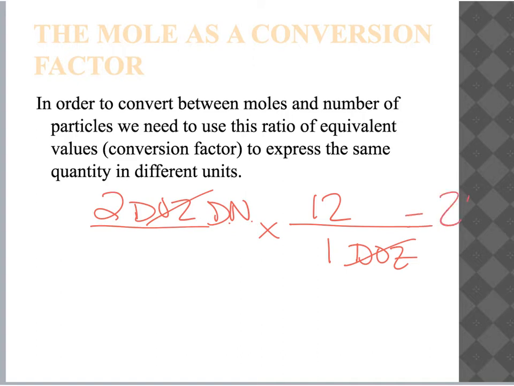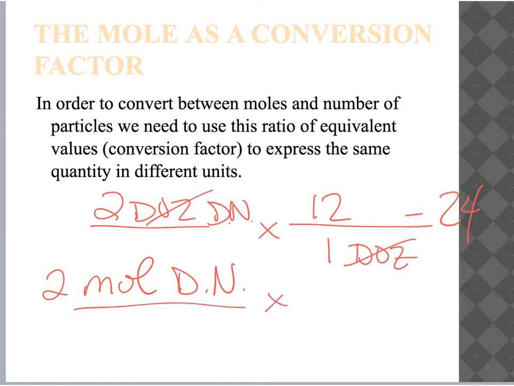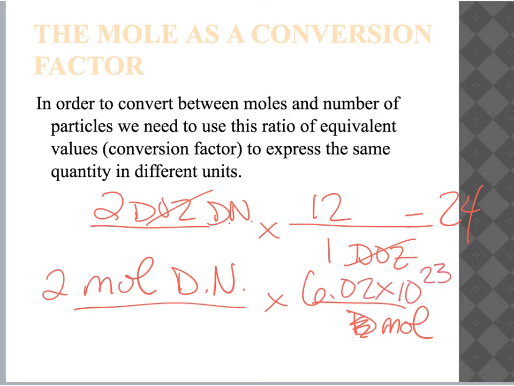So we know that we have 24 donuts. A mole would work in the same way. If I had 2 moles of donuts, I would put mole down at the bottom here, and I would put Avogadro's number on top, 6.02 times 10 to the 23rd. And that just means we have a lot of donuts.